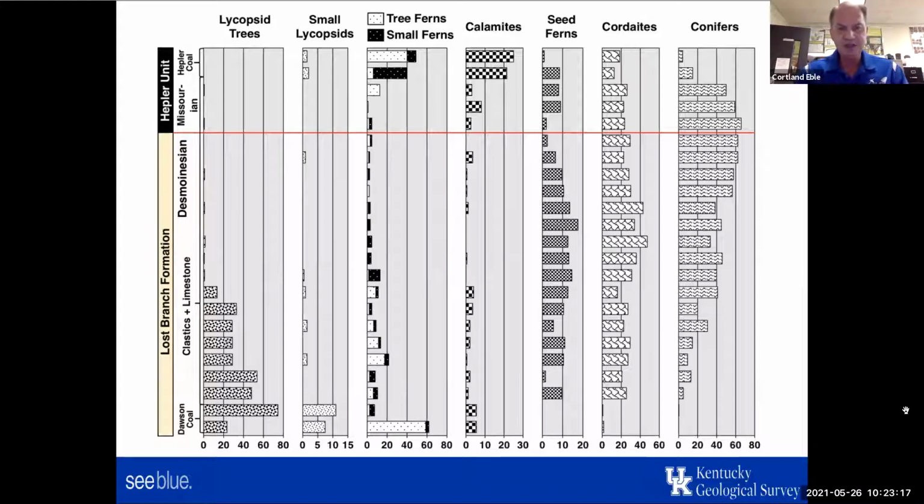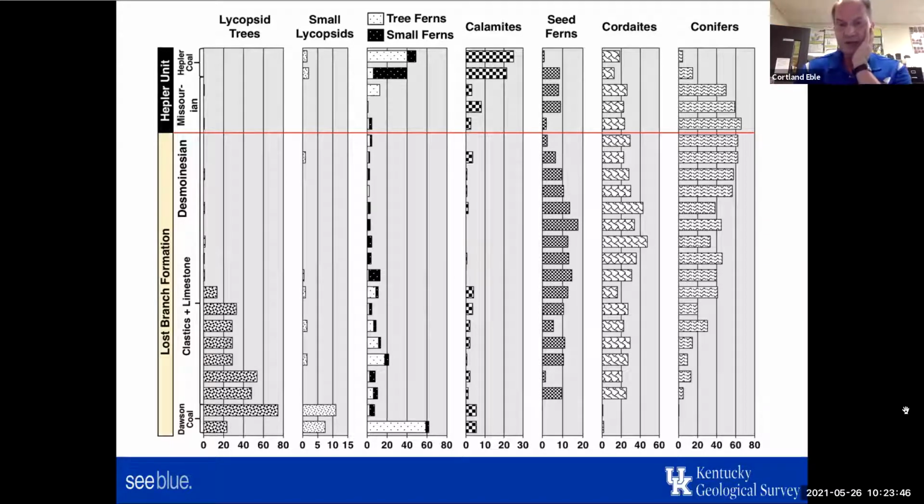I draw this to your attention because you see on the left-hand side, the Dawson coal is a co-dominant lycopod tree fern spore coal. The lycopsid spores diminish upwards, okay? And then when you get up to the Hepler coal, there we're talking mainly tree ferns, and in one of the benches there were some small ferns. And we also see quite a few calamites in that coal.